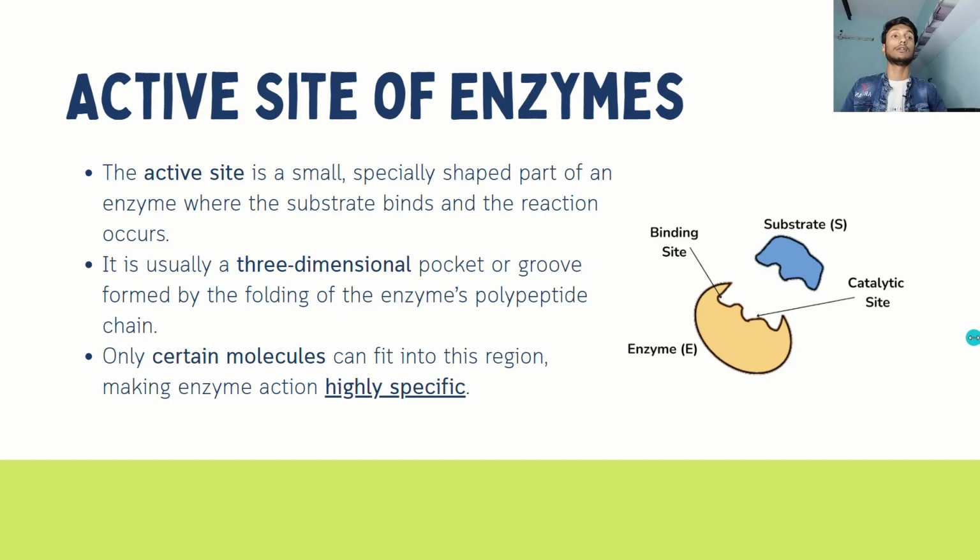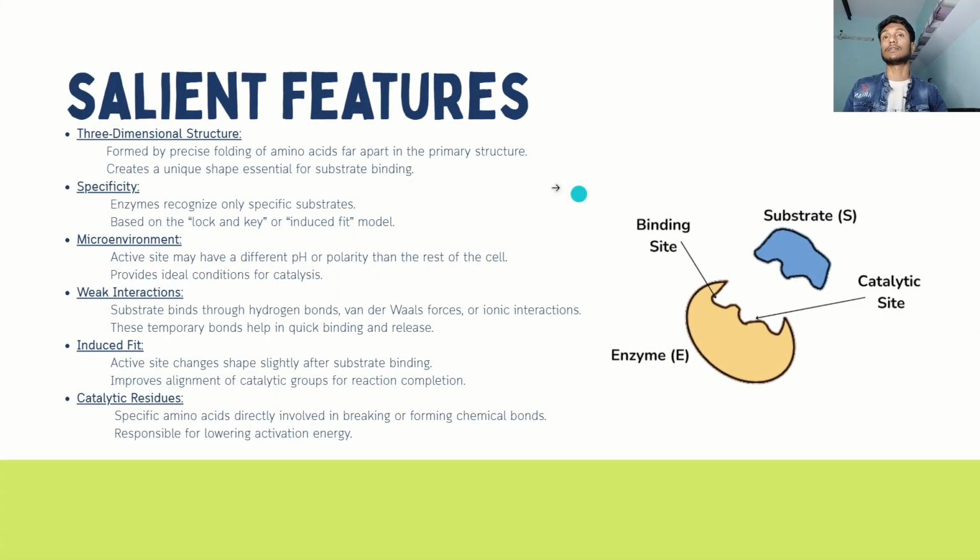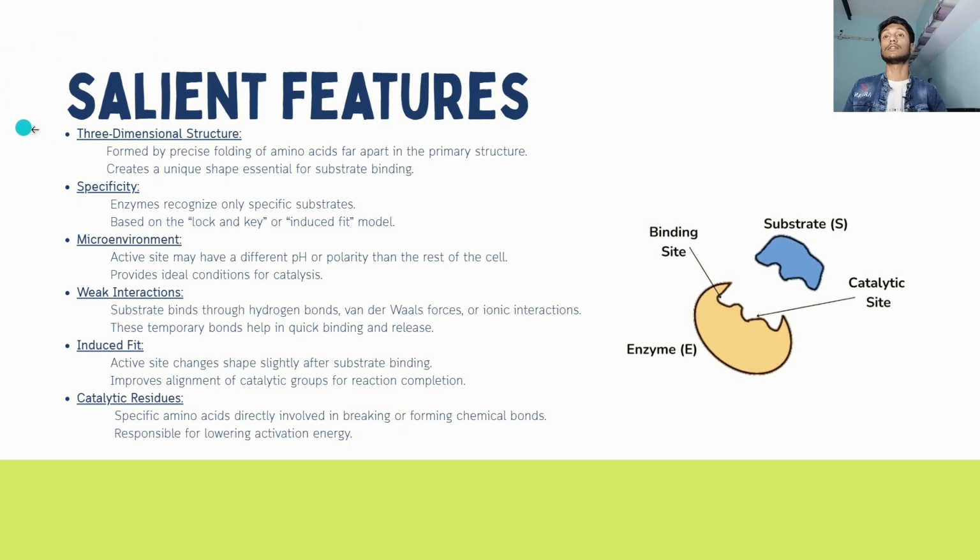So salient features. In salient features we will discuss, first, three-dimensional structure formed by a precise folding of amino acids far apart in the primary structure. It creates a unique shape essential for substrate binding. Specificity: enzymes recognize only specific substrates based on the lock and key model or induced fit model. We will discuss what the lock and key model and the induced fit model are later.